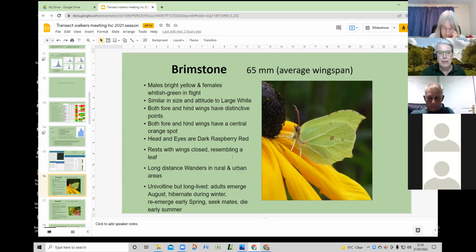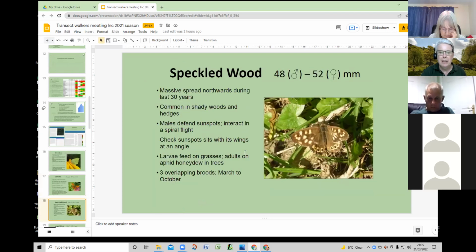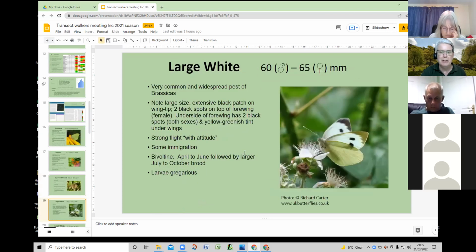So let's move on to another one of the whites. I didn't know which ones you were going to pick, so I put a load in. So, large white: most characteristic is that it's large. In flight, it's quite white, but the underside is a lemony yellow, and that does show, as it does for the small white.